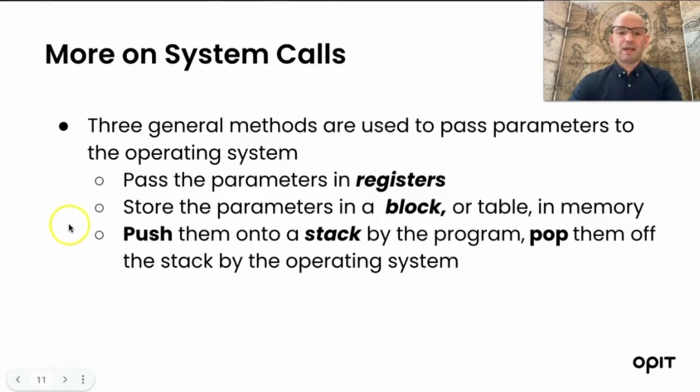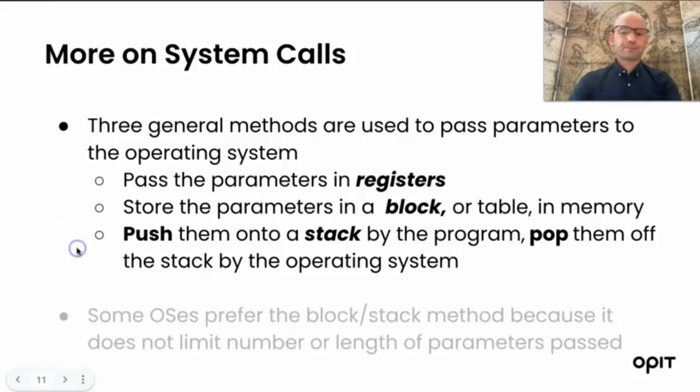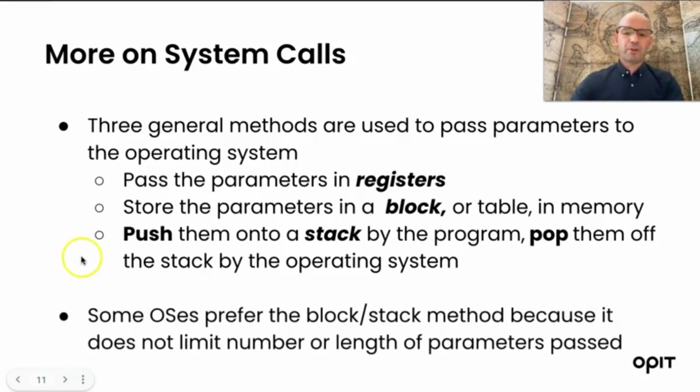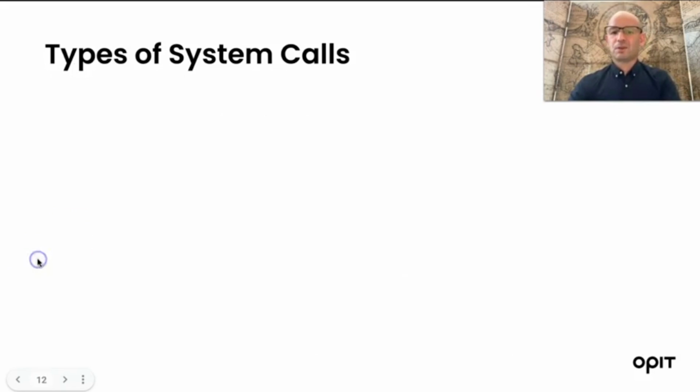Remember we talked about the stack as a particular data type where it's last in, first out, like a stack of dinner plates. Now some OSs prefer the block or stack method because it does not limit the number or the length of parameters passed. So again, slight differences between operating systems on how the actual execution occurs.